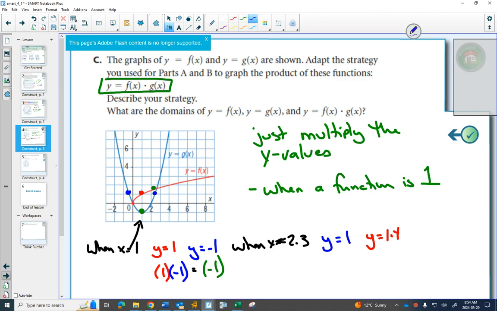And if I multiply 1 times 1.4, I'm going to get 1.4. So my green graph is on my red graph in that situation. So when a function is 1, it's going to just be equal to where the other graph is. That's pretty easy to do mental math.